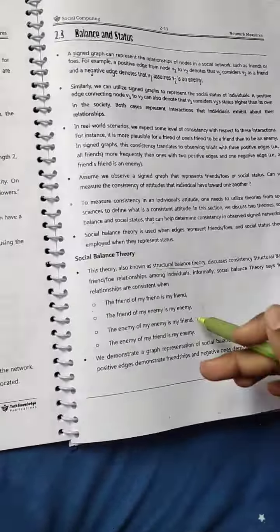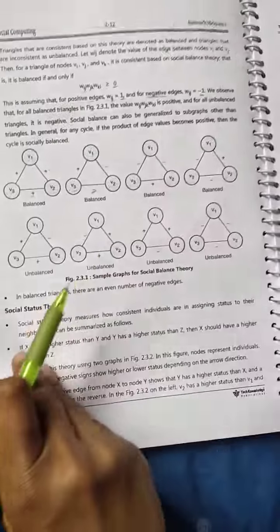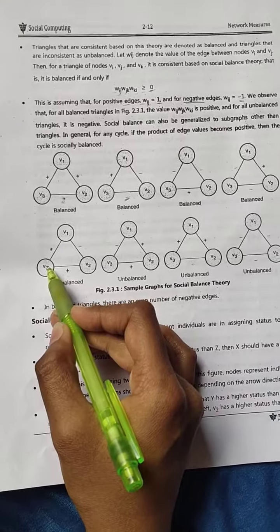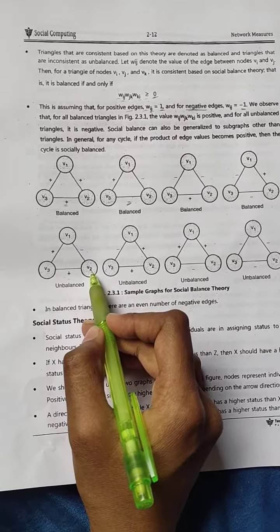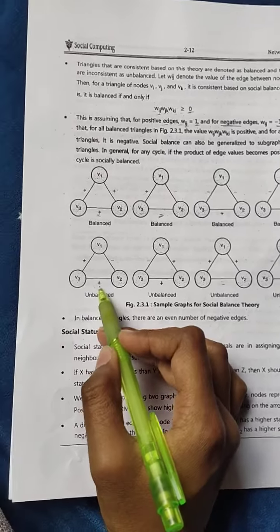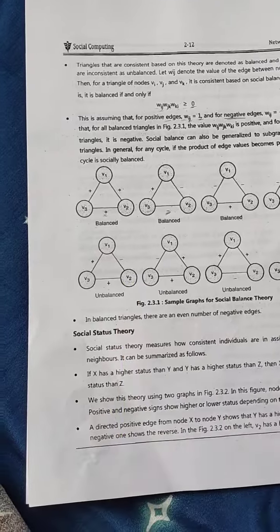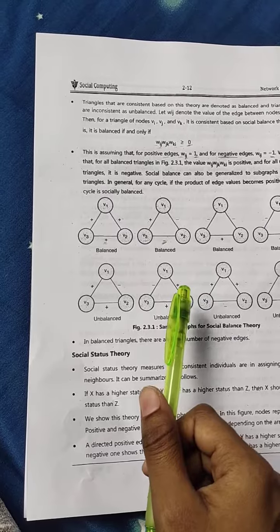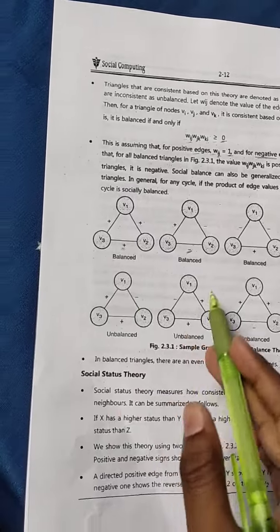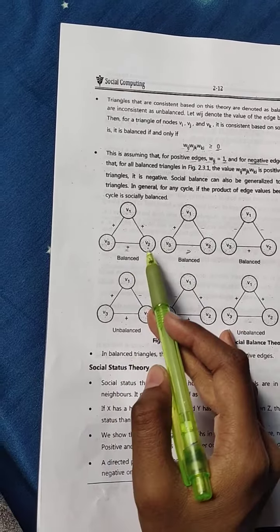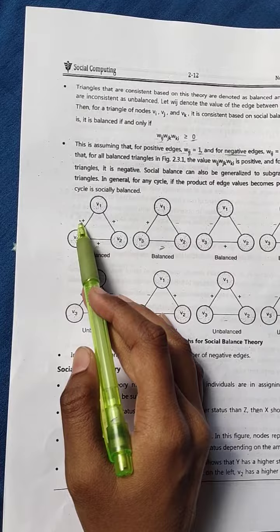These are the balanced ones because they satisfy all these four conditions. But for the unbalanced one, if v1 and v3 are friends but v1 and v2 are enemies, then v3 and v2 cannot be friends. So this is an unbalanced one. It is not satisfying that fourth relationship. Another trick to understand balanced and unbalanced is multiplication.